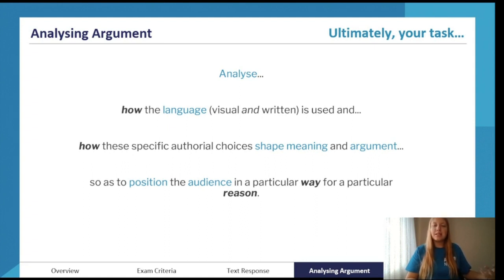So you can really see that if you do the what, how, why process, you tick all of these boxes in your little text box on the exam. How, the language and authorial choices; in what way is the audience positioned, our how; and the reason how it contributes to the contention is our why.